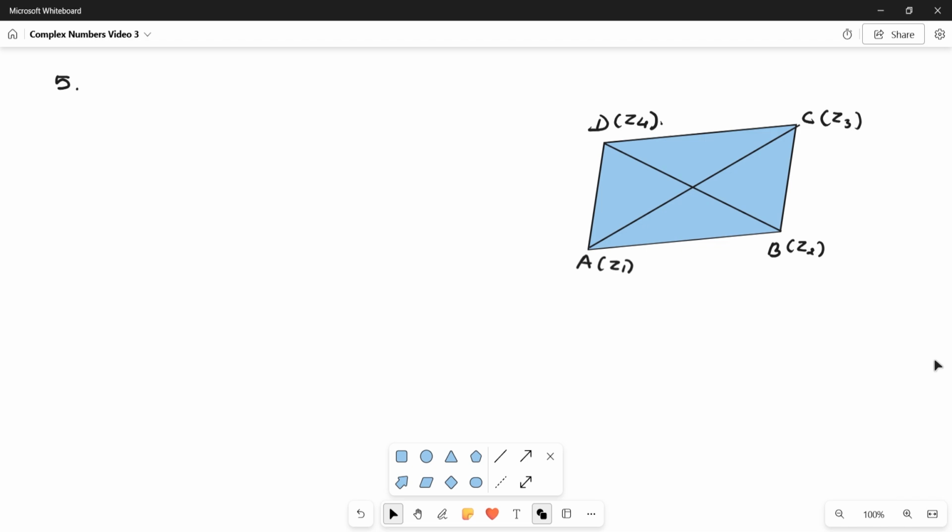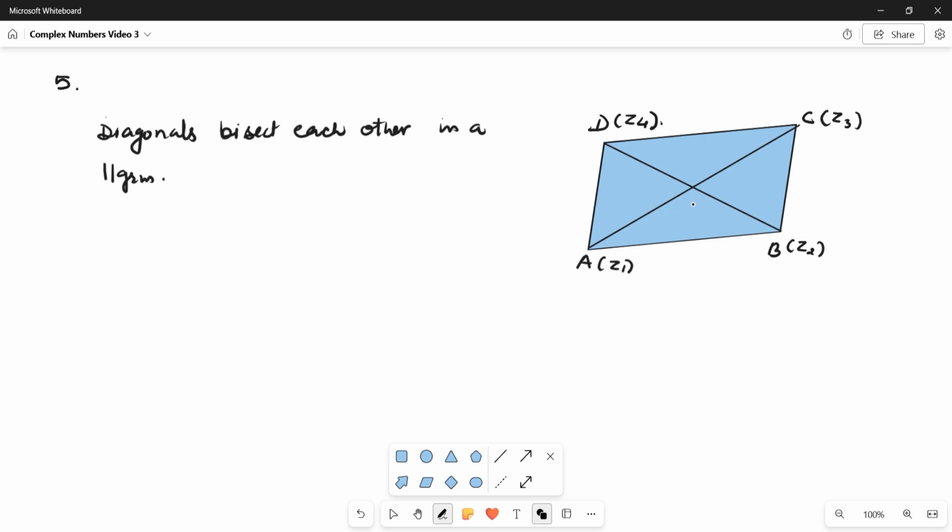The diagonals bisect each other in a parallelogram.